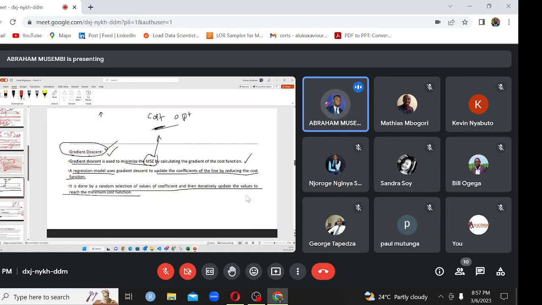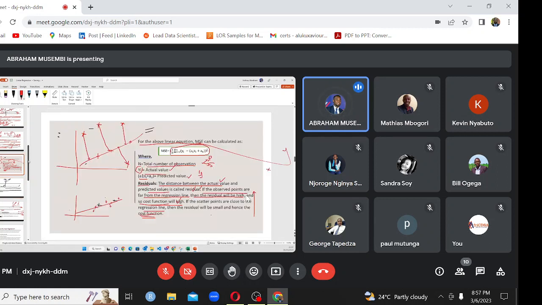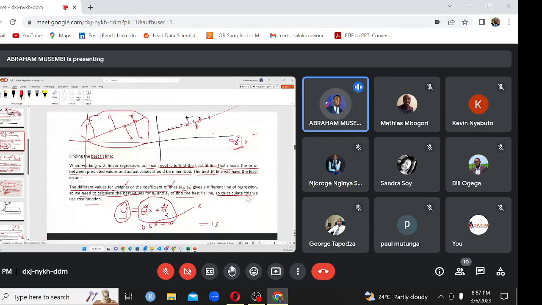Okay, what about gradient descent? Before I go to gradient descent, any question up to that point within those slides? Maybe someone might be having a question, or someone may need clarity. You can ask, or you can also do an addition.